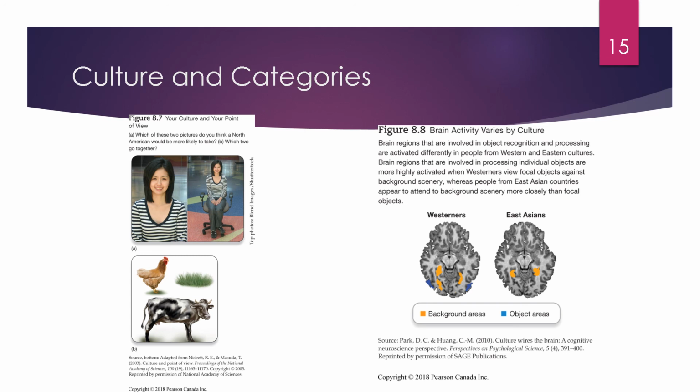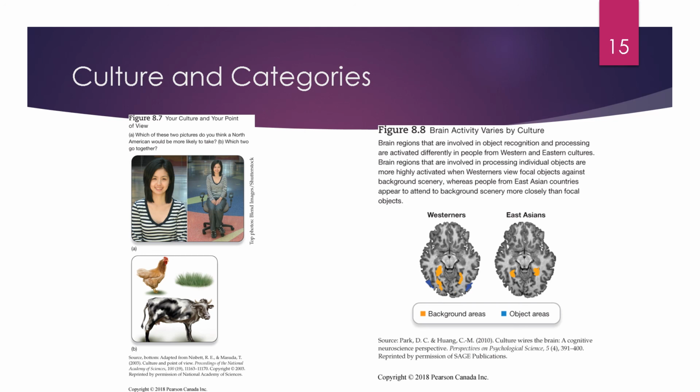You can see that in figure 8.8, based on the different areas that are active in the brain when they're looking at a picture. The Westerner would be more likely to focus on the individual, the up close picture in figure 8.7, versus the further away picture where you can see the background and how everything relates to each other.